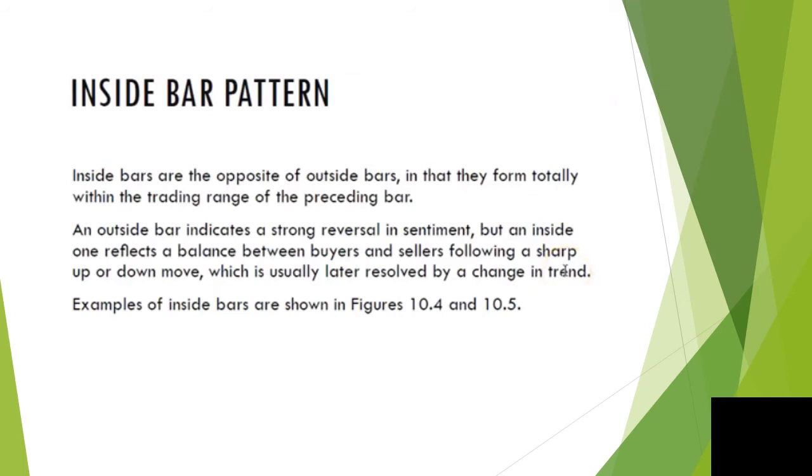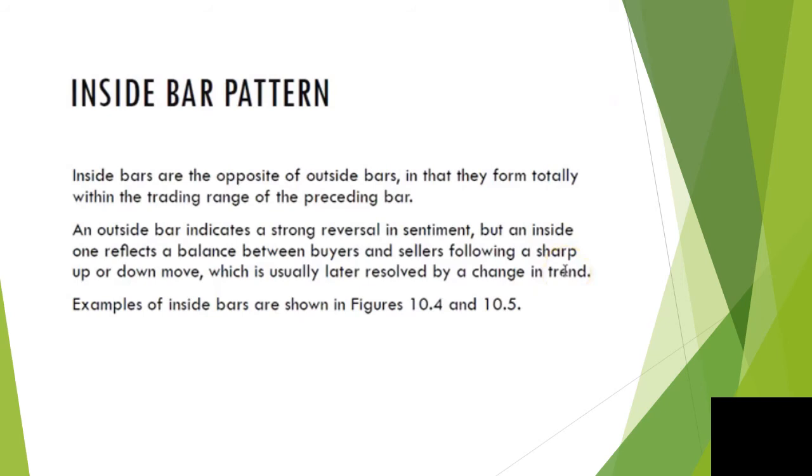Okay, so next one, we go to inside bar pattern. Inside bars are the opposite of outside bars, in that they form totally within the trading range of the preceding bar.